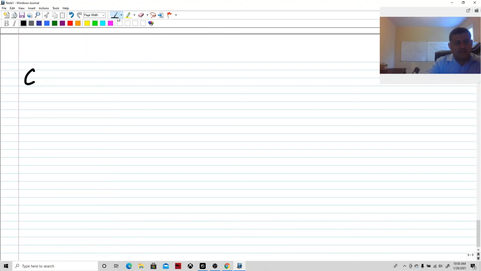Cosecant of theta is equal to 1 over sine of theta.